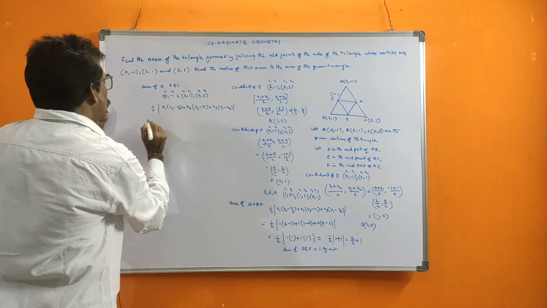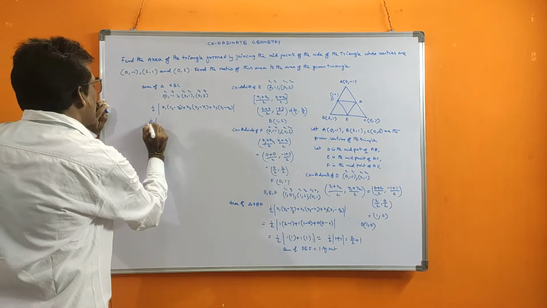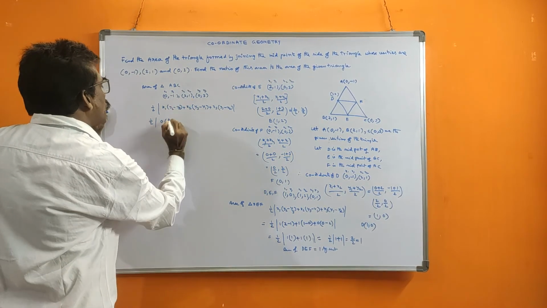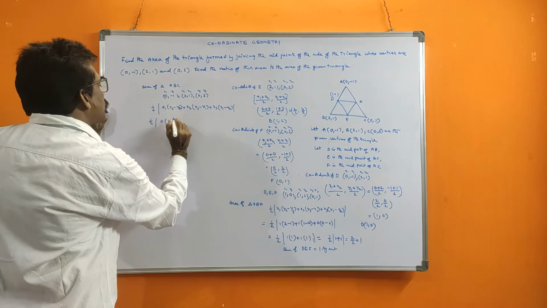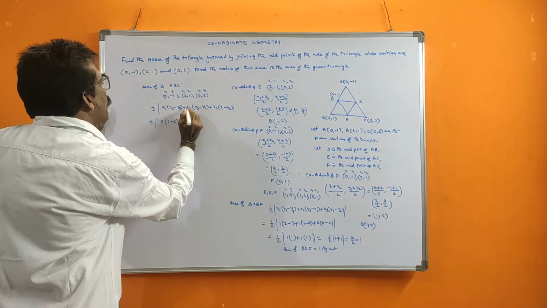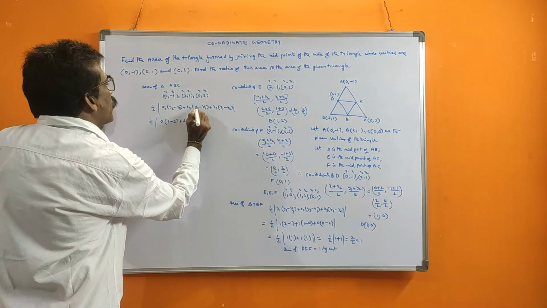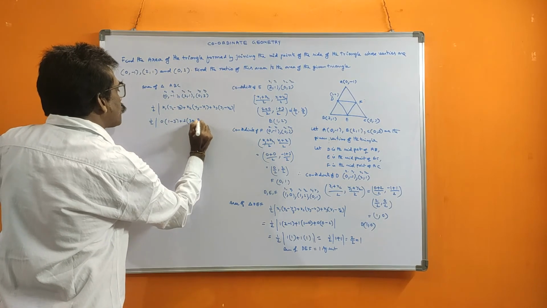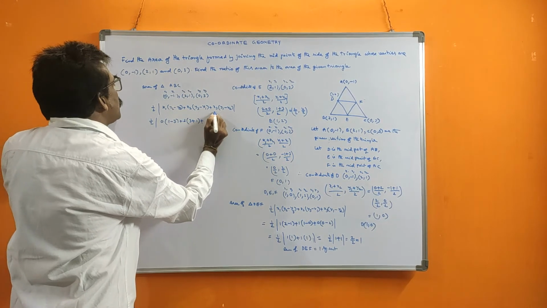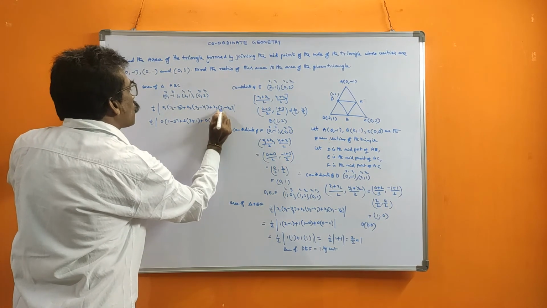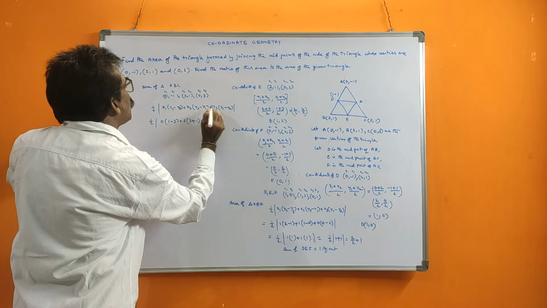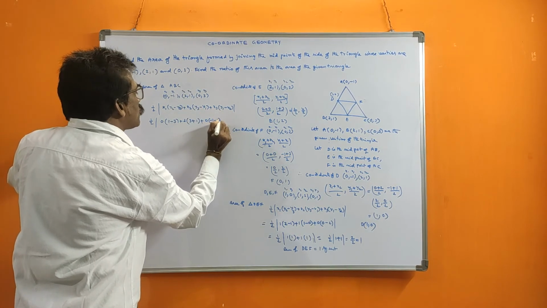Substitute these values. x1 is 0, y2 is 1, y3 is 3. Plus x2 is 2, y3 is 3, y1 is minus 1, so minus of minus, plus 1. x3 is 0, y1 is minus 1, y2 is 1.